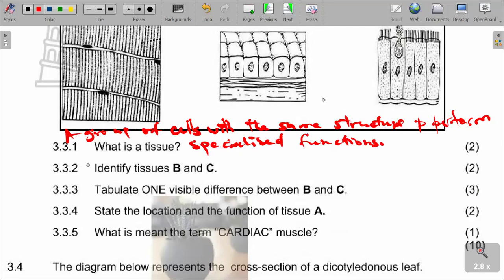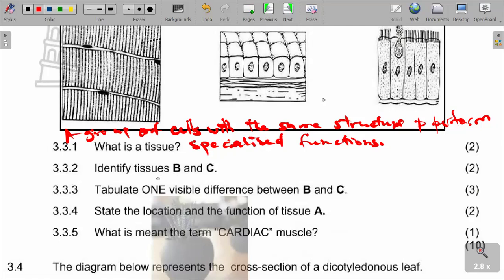That is, a group of cells with the same structure that perform specialized functions.